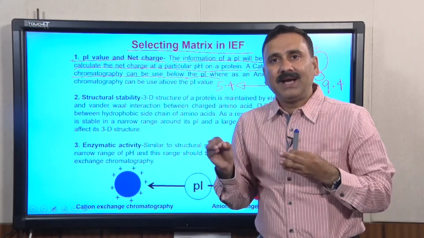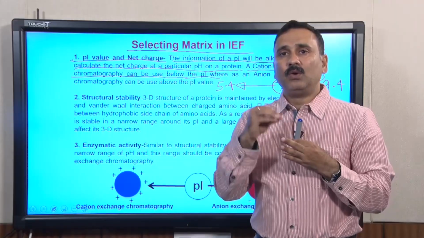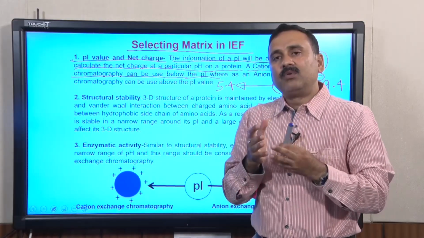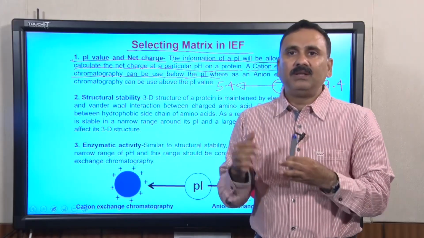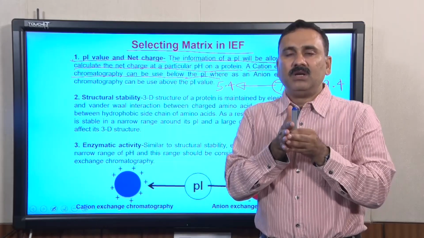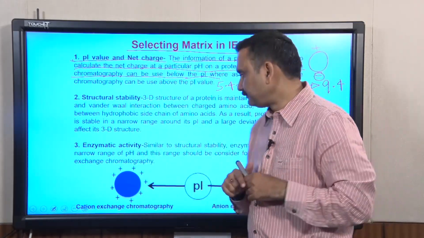If you go lower than that, it will still bind, but the affinity would be so low that as soon as you put the washing buffer, the protein will come out. So, that is why the thumb rule is to use a 2 pH difference either on the lower side or on the upper side.